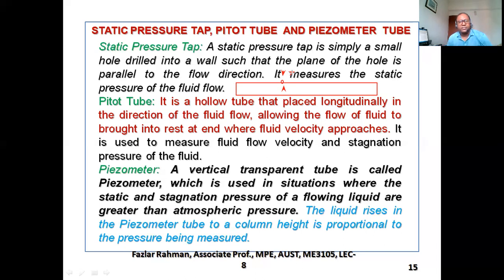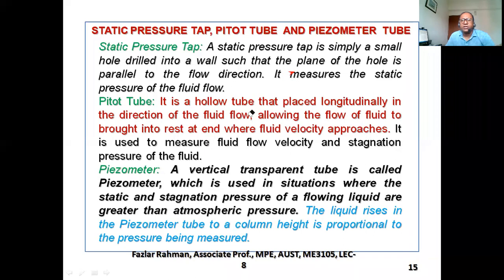The other thing that you can use is a pitot tube. With a pitot tube, you can measure the pressure and also the velocity. And the application of the pitot tube is very important in your lab. So what is a pitot tube?